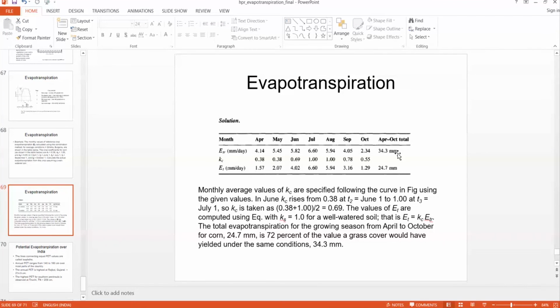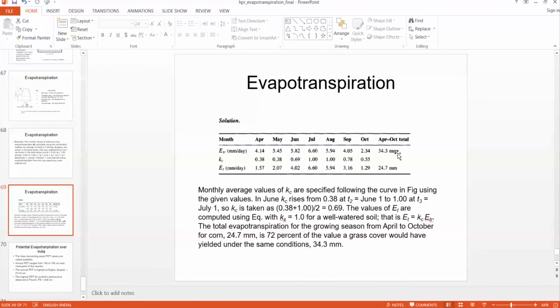Then I explained transpiration and factors affecting transpiration. Then how to experimentally measure transpiration by using lysimeter and field methods. Then finally I taught how to calculate evapotranspiration of a given crop using the data of a reference crop.